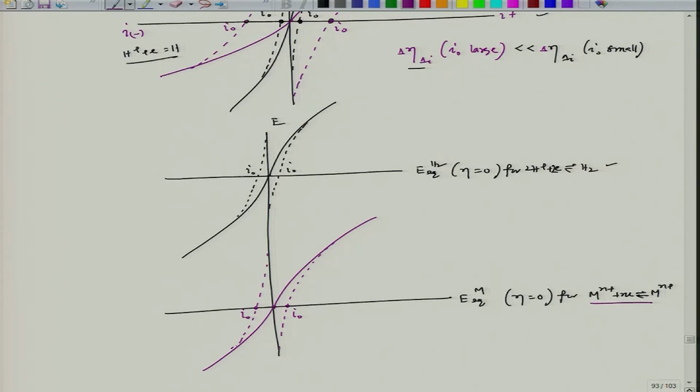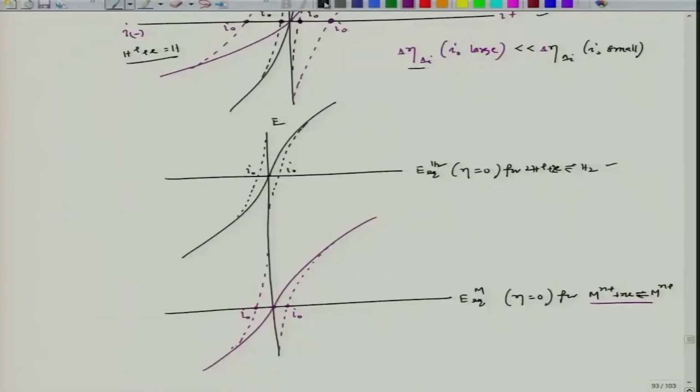Now, in case of the Evans diagram, what we have noticed is that we have to reach a situation where I have a mixed potential. So, that means I should reach E equal to E mix, which is nothing but E corr, and at that time IA metal equal to IC hydrogen.